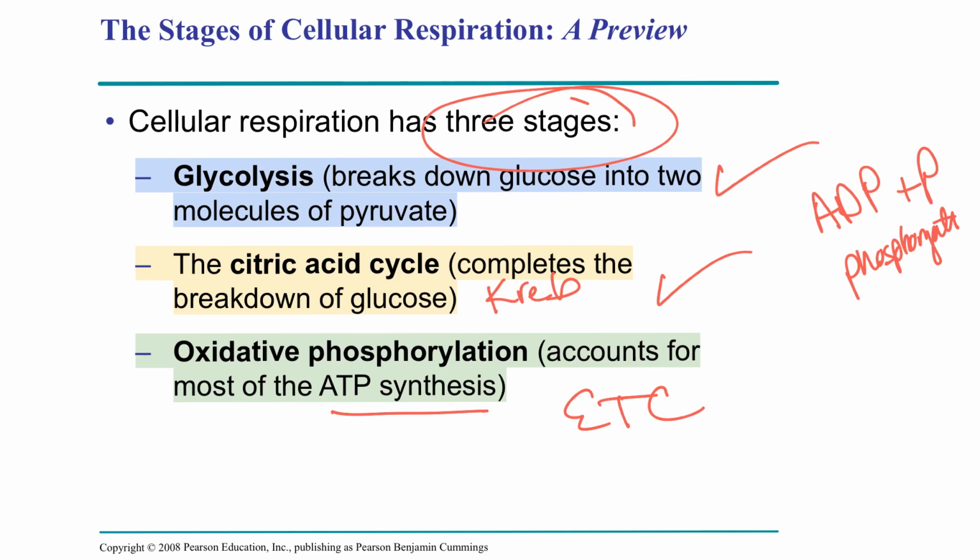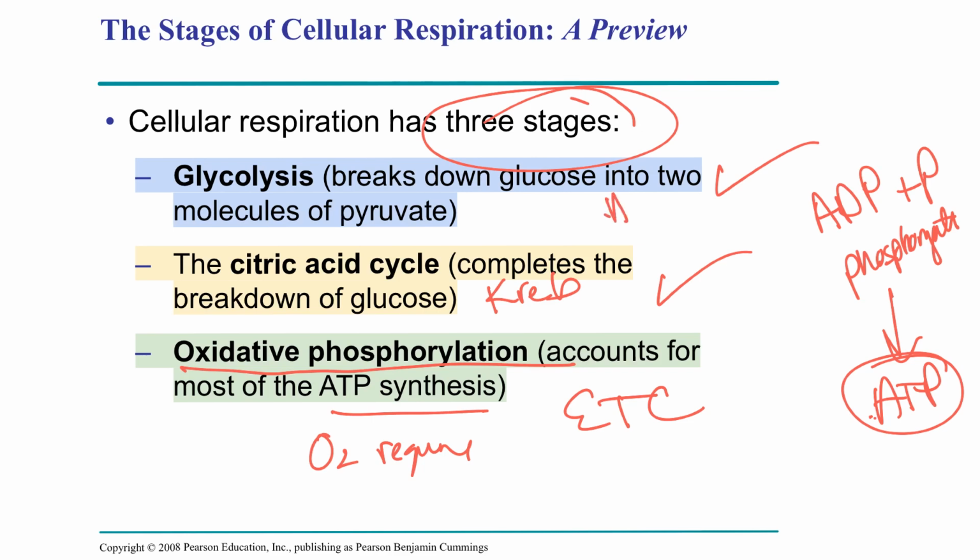I need some energy, and the energy is going to come from those electrons to make some ATPs. And so oxidative phosphorylation is when I do this process that oxygen is required. I am going to make some ATPs in a different way in glycolysis and in the Krebs cycle, but it's not using oxygen. All right?